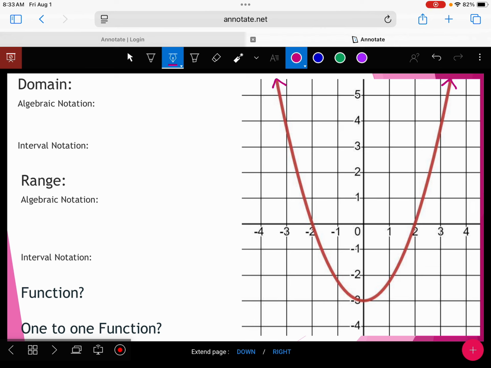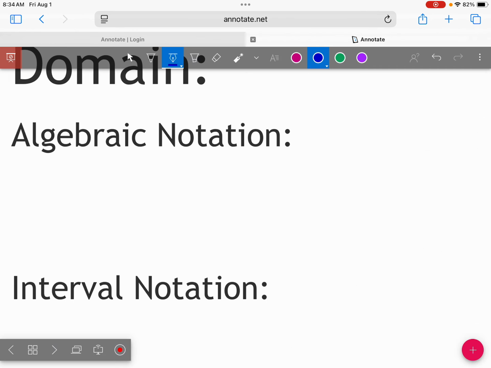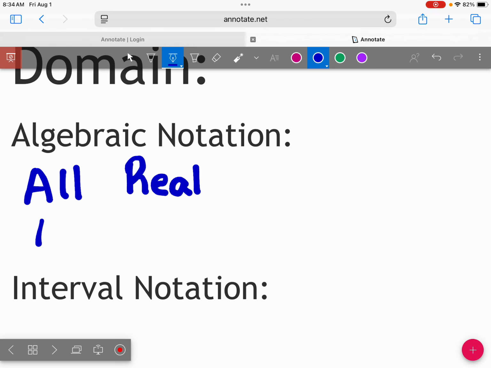So we have a couple of special ways of writing that. If I can use any number in the entire universe, that means I could use all real numbers. Long way of writing. All real numbers.